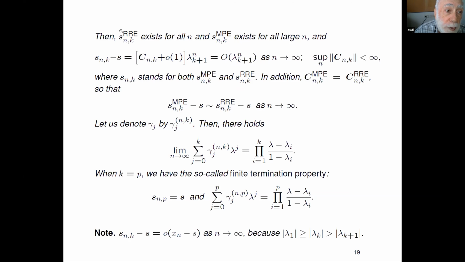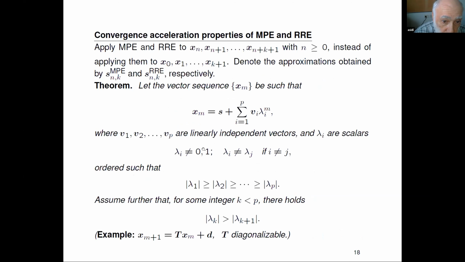What are we doing now? Instead of applying these methods to the vectors x0, x1 up to x k plus 1, we now start with x sub n. That is, we iterate up to x sub n, and from then on keep the vectors x sub n plus 1 up to x sub n plus k plus 1 in the core memory. We discard the rest.